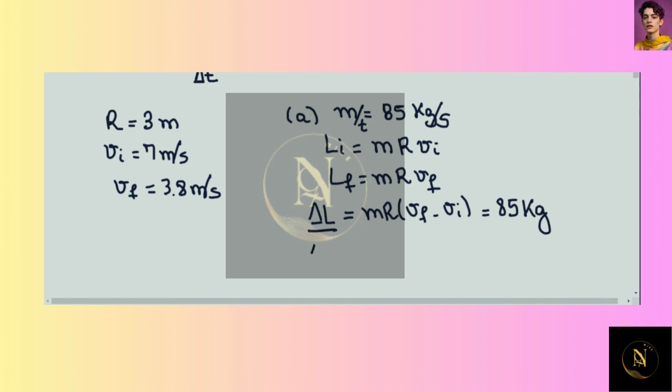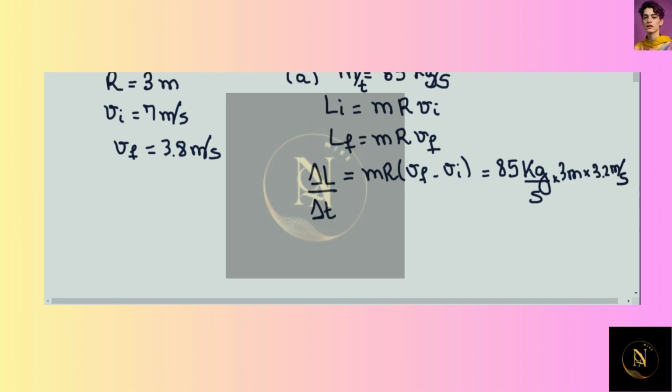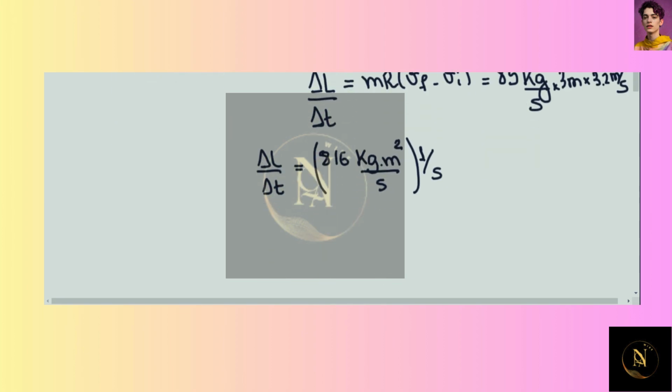I'm going to calculate the change in angular momentum per unit time. So it's 85 kilograms per second times 3 meters times 7 minus 3.8, that is 3.2 meters per second. So delta L over delta T is equal to 816 kilograms meters squared per second per second. Okay, this is the answer.